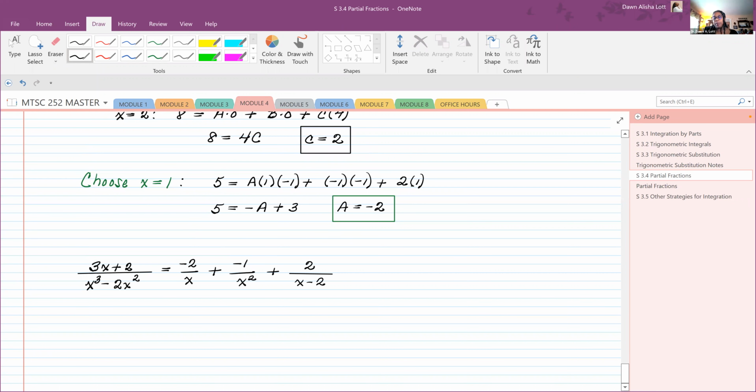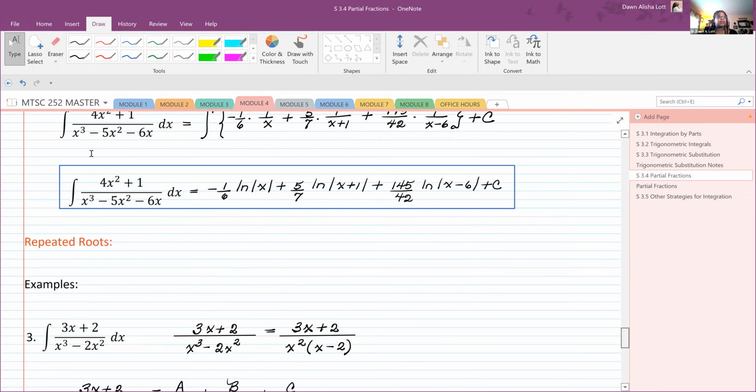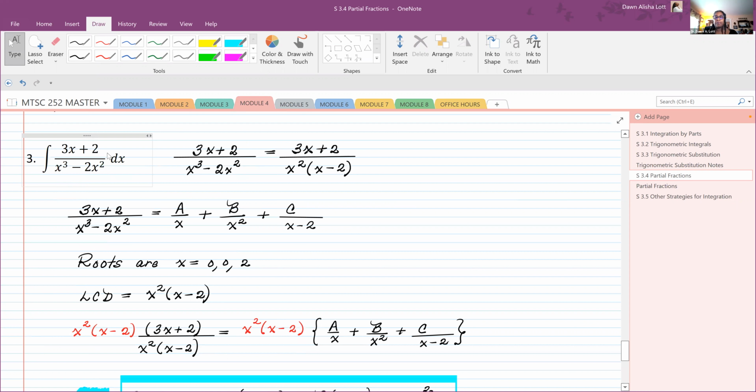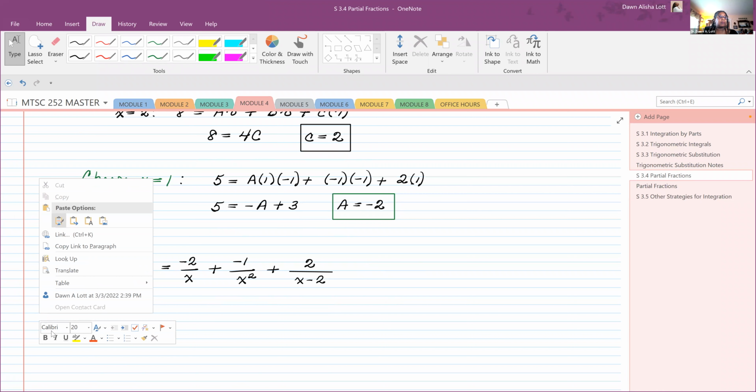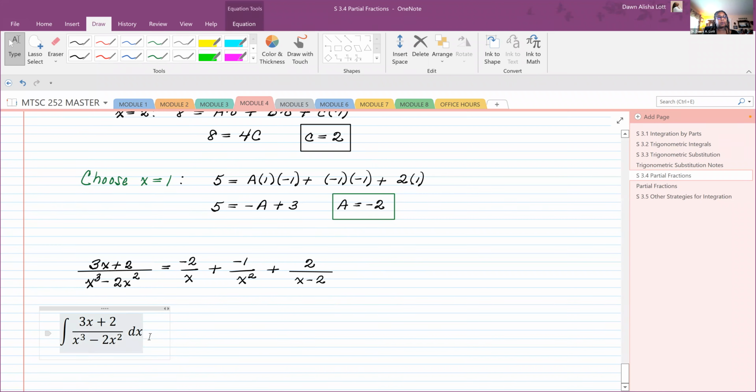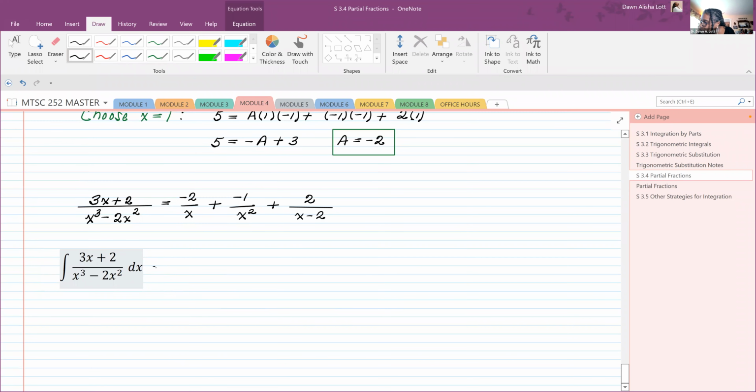So my original problem is going to be the integral of -2 times 1 over x, minus 1 over x squared, plus 2 times 1 over x minus 2, dx.